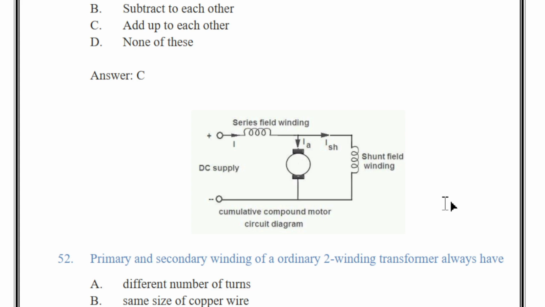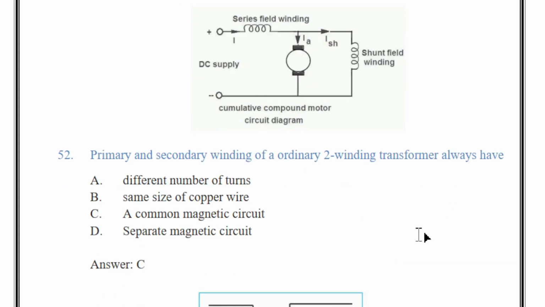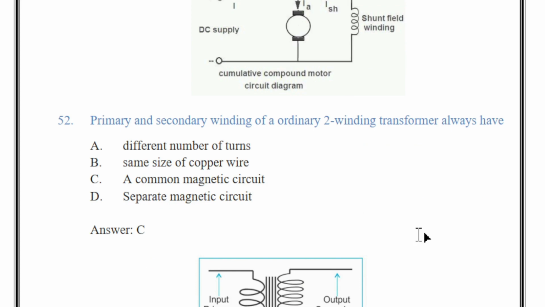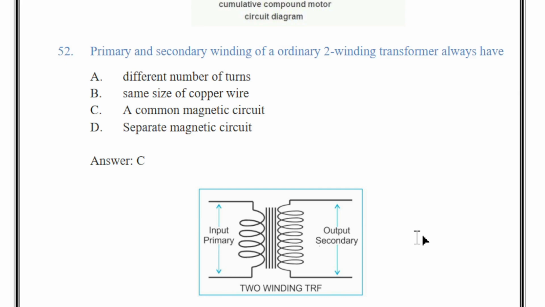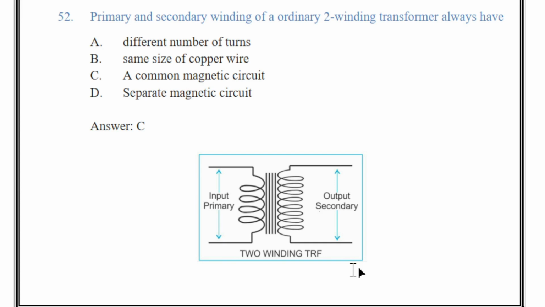Now we come to question number 52. Primary and secondary winding of an ordinary two winding transformer always have, and there are four options. The correct answer is C, a common magnetic circuit. You can see this is a two winding transformer, with the input primary and the output secondary.